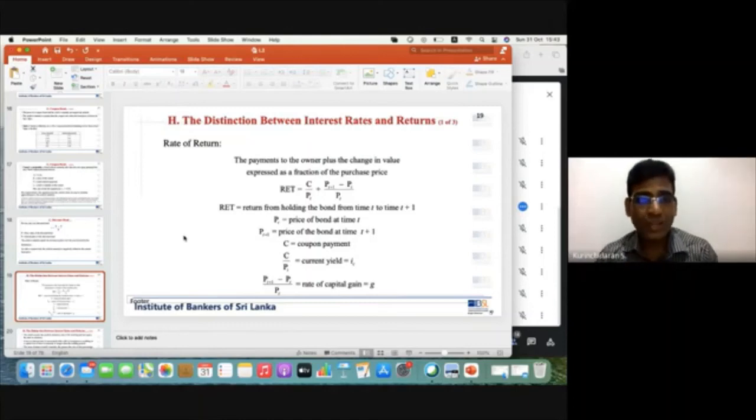Okay, so the next area is the distinction between interest rates and returns. Now, most of the people think, okay, interest rate is my return. Now you are thinking, okay, you are investing in shares.